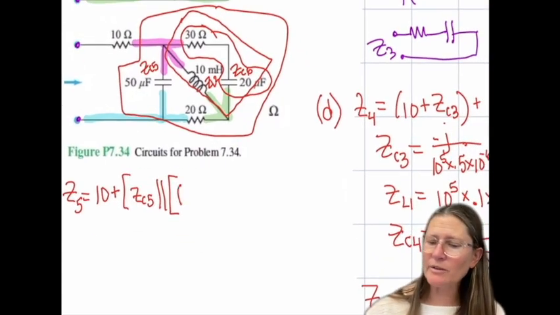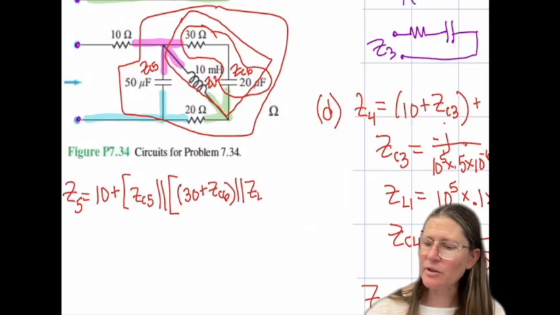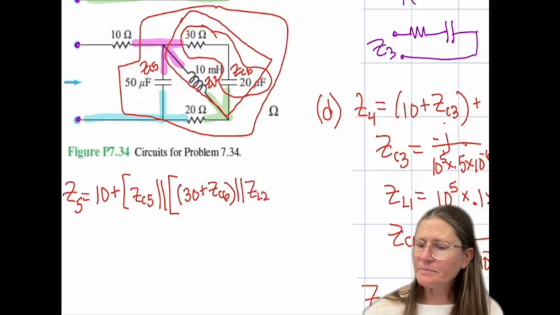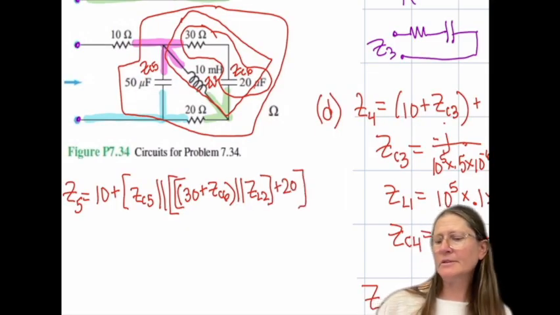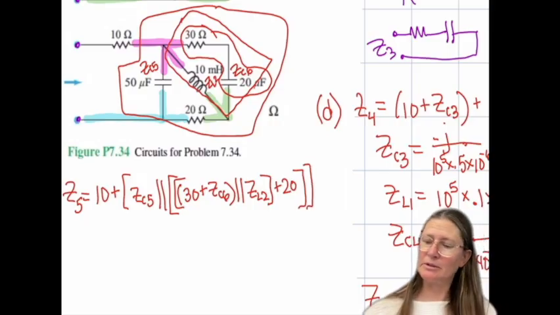And that was 30 plus ZC6, which is in parallel with ZL2, and that's added to the 20. And there's two of them.